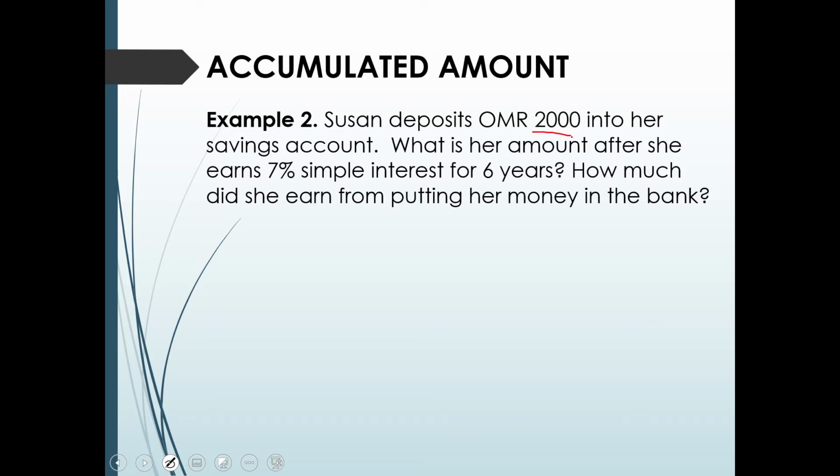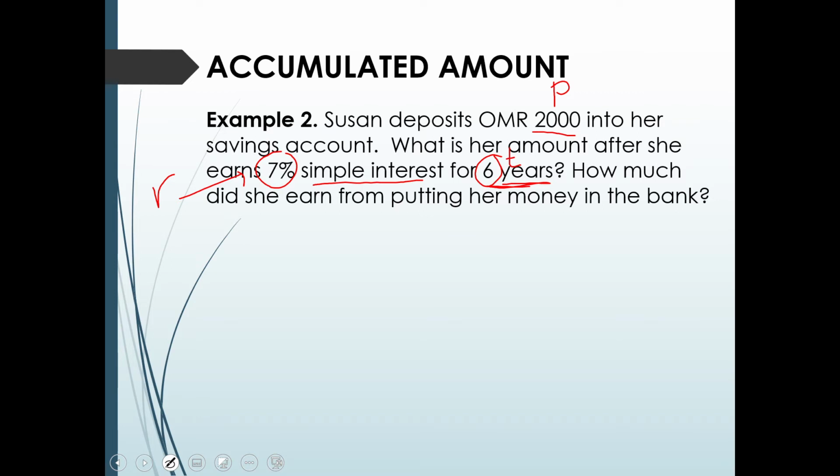This 2,000 Susan deposits in the beginning will be the principal. Next, rate 7%. Simple interest, so we are sure that we will apply the formulas for simple interest. 6 years, already in years, we don't need to change. So T will be 6.